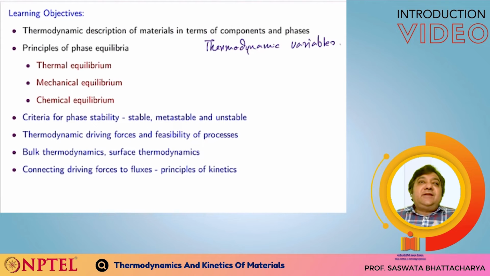I can also define chemical equilibrium: say one system has a species concentration of 50%, and in another case that same species has a concentration of 20%. If I take them together and put a membrane that allows exchange of matter, what will be the equilibrium concentration of that particular species? We will also learn about the criteria for phase stability.